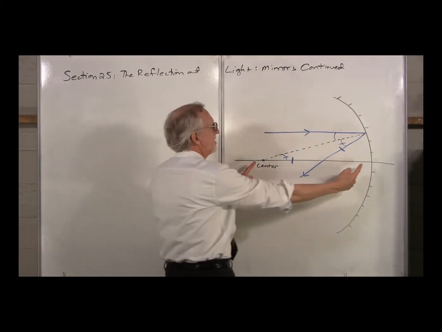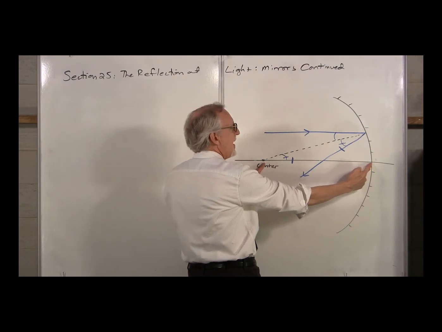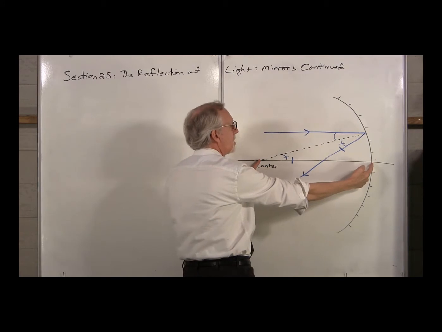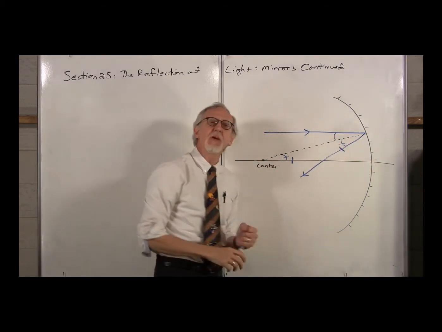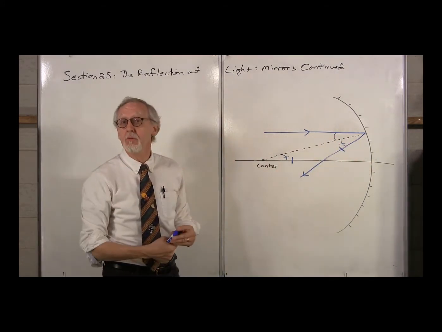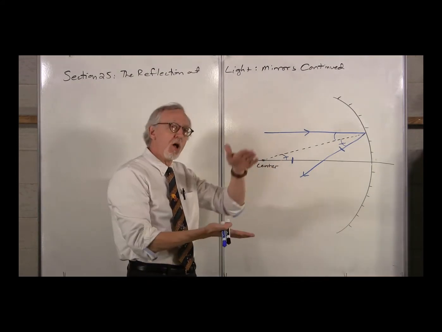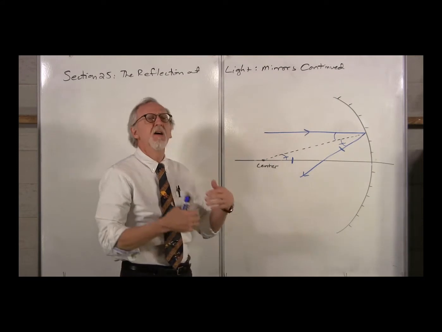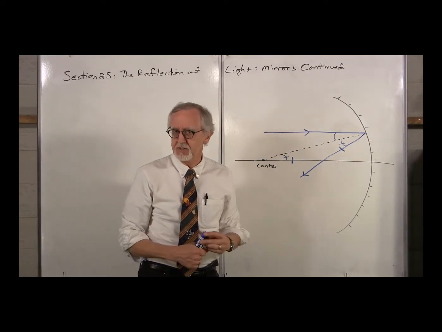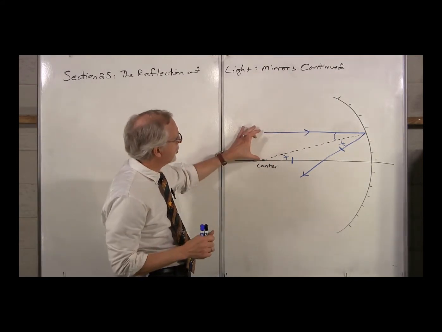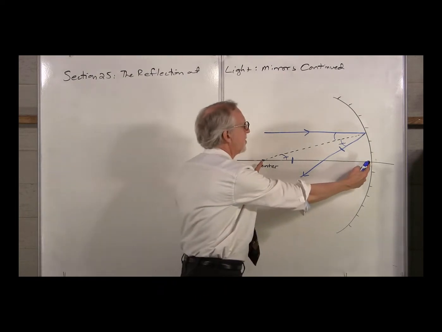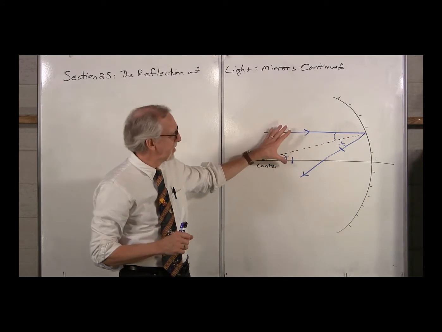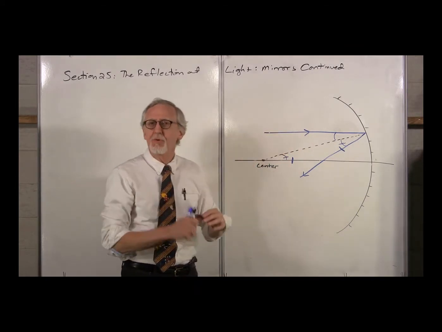So what I mean is this length here, that's the radius of the mirror. As long as this distance is small compared to this one, then the approximation we're going to make will hold. The smaller it is, the better the approximation. The larger this distance is, the not so good the approximation. Okay? So we'll just assume that this distance is small compared to the radius. Not really true in my diagram, and I'll come back to that. Not really true here, but we'll approximate it.